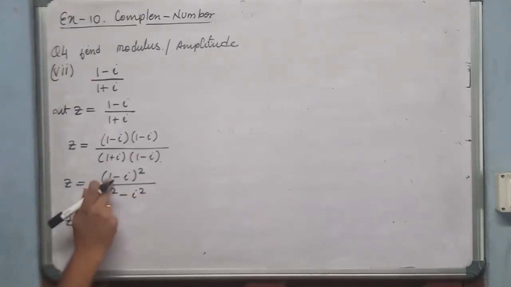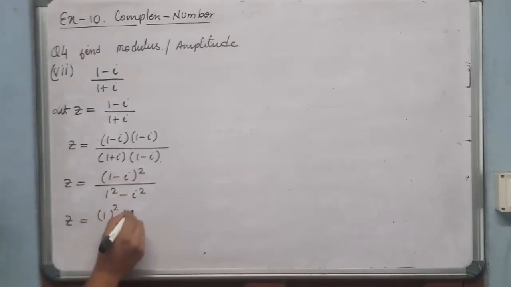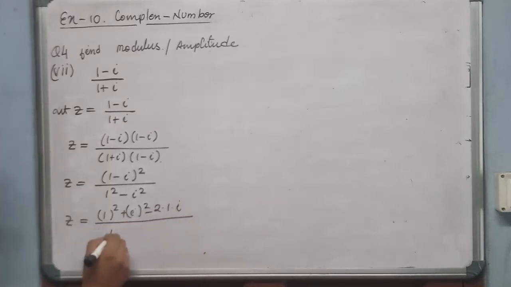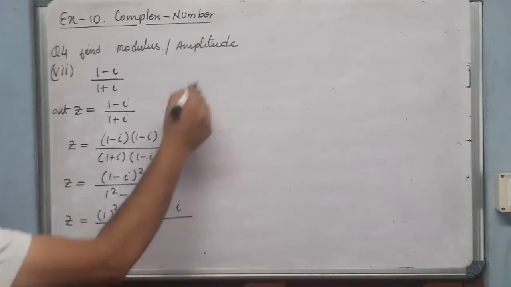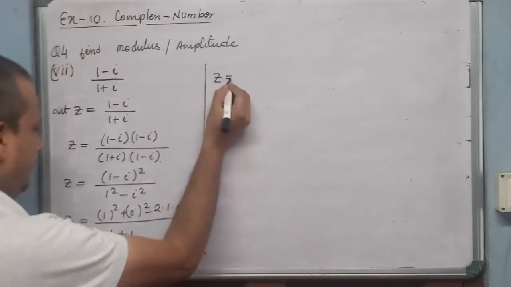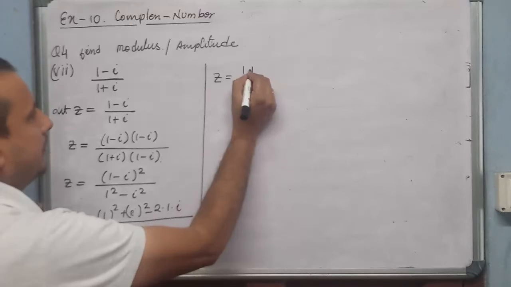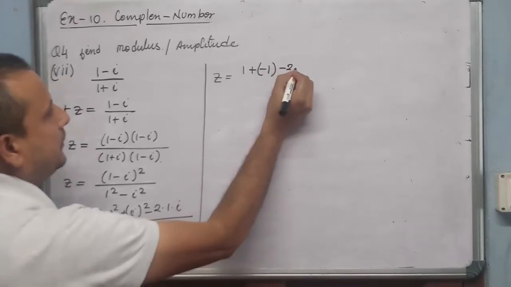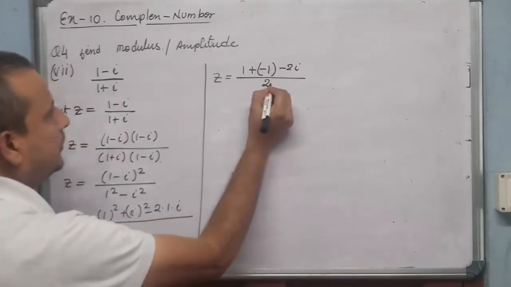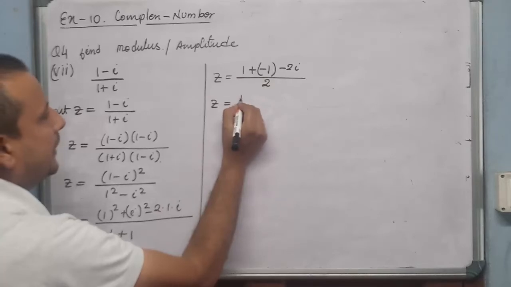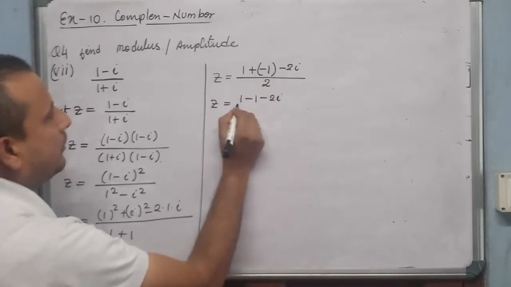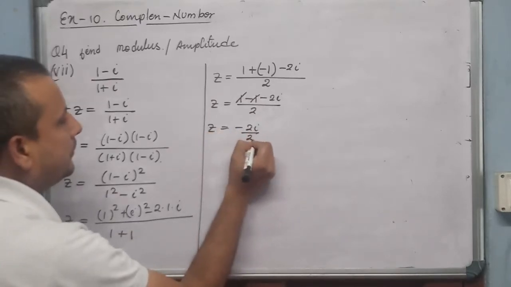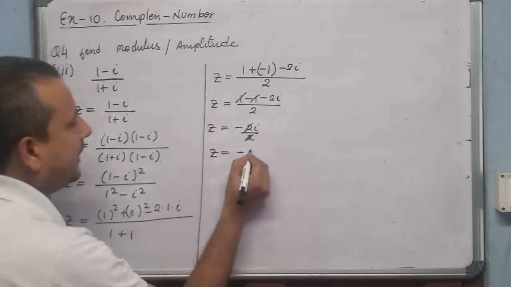Then z equals the formula a minus b whole square, a square plus b square minus 2ab, over 1 plus 1, since i square is minus 1. Now z equals 1 plus i square, where the value of i square is minus 1, minus 2i over 2. Now z equals minus 2i over 2. Cancel. Now z equals minus i.